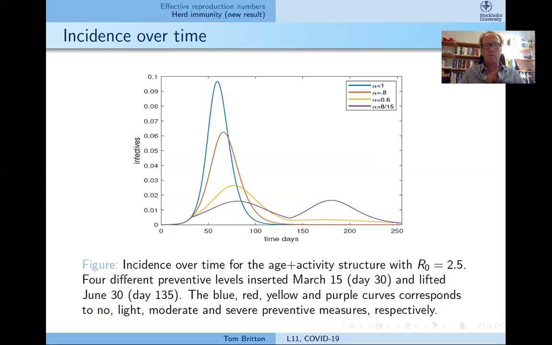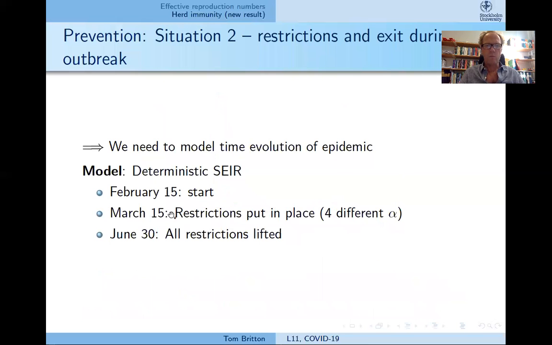On the next slide, we see what fraction. If we have some small restrictions, we have a smaller outbreak, and it dies out rather quickly as well. So we see that the change here is after 30 days, and that coincides with that after 1 month we put in restrictions.